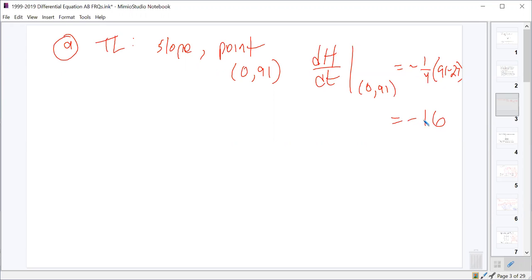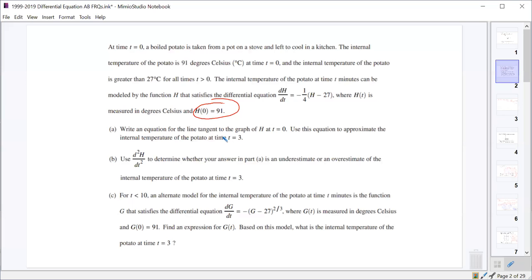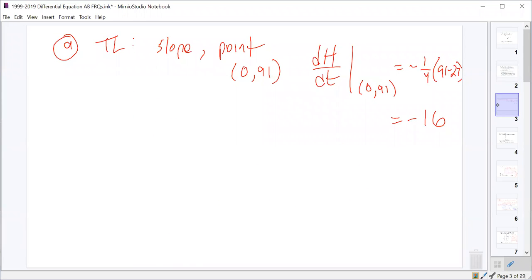And so our equation should then end up being, did I say write an equation? Just write an equation. So we'll just say y equals negative 16t plus 91.